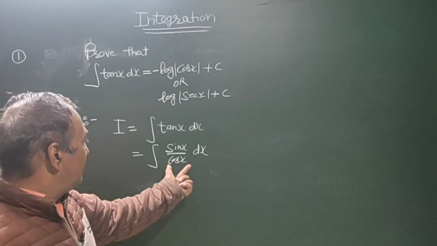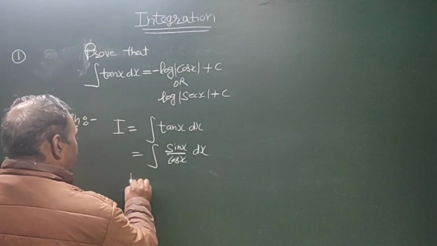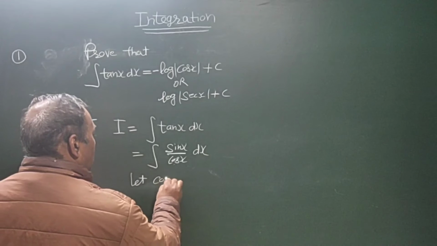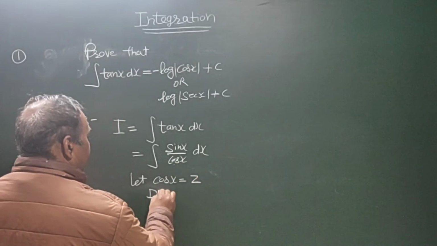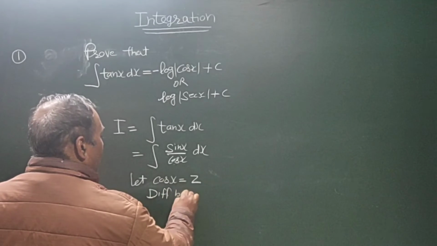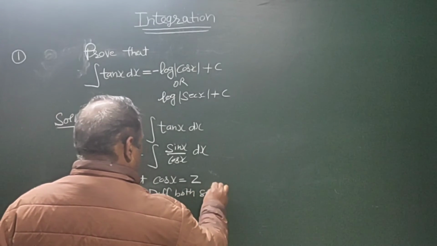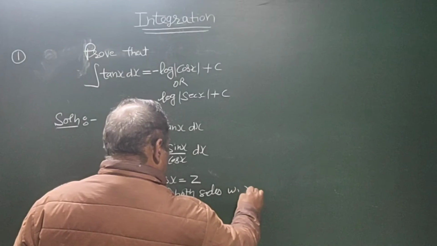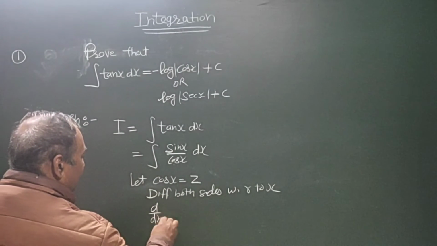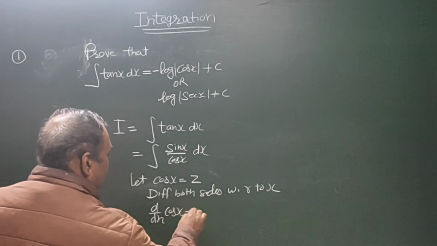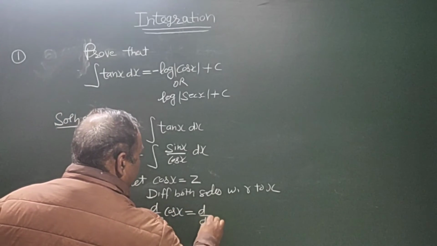So let us substitute. Let cos x is equal to z. Differentiating both sides with respect to x, we get d upon dx of cos x is equal to d upon dx of z.